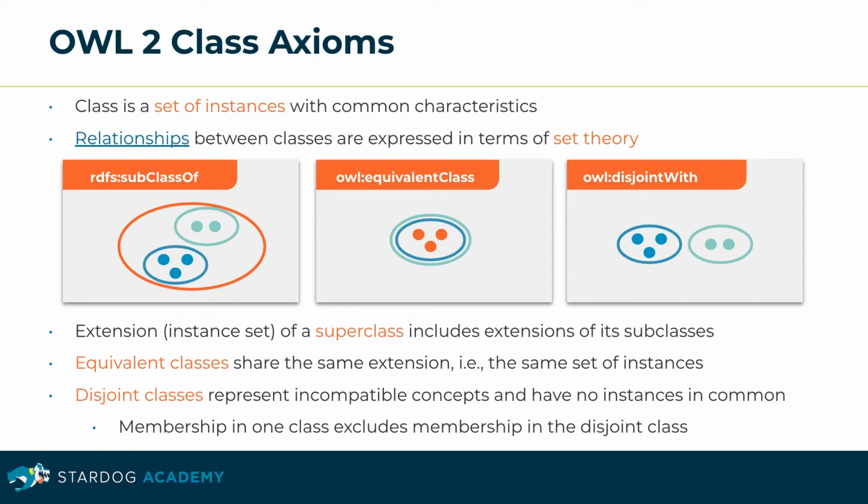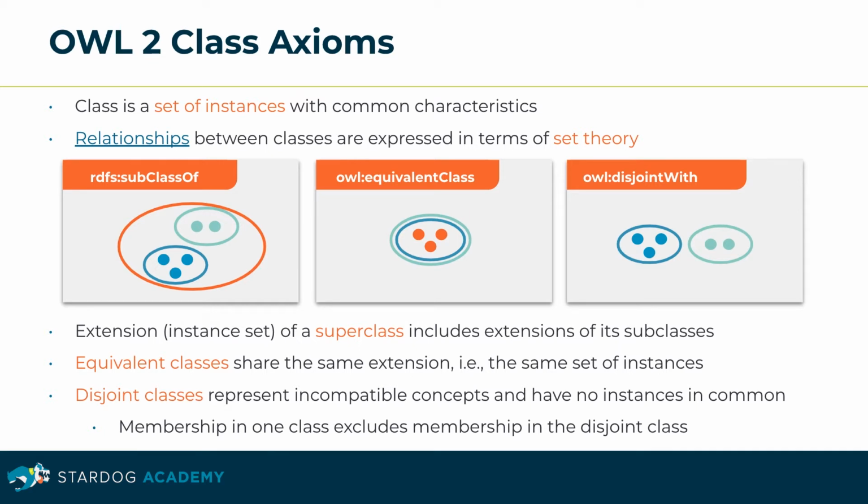Relationships between classes are expressed in terms of set theory as a partial, complete, or missing overlap of class extensions, and defined by the class axioms rdfs:subClassOf, owl:equivalentClass, and owl:disjointWith, respectively. The extension of a superclass includes the extensions of its subclasses.